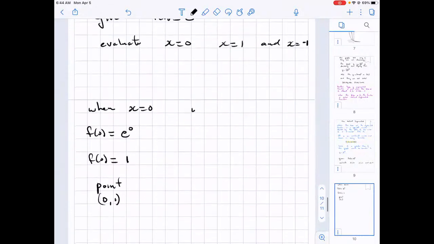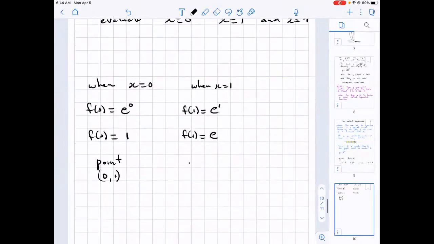What happens when x is equal to 1? So we have f of 1 is e to the 1. So f of 1 is just e. So the point here will be 1 comma e. And when x is equal to minus 1, f of minus 1 will be e to the minus 1.